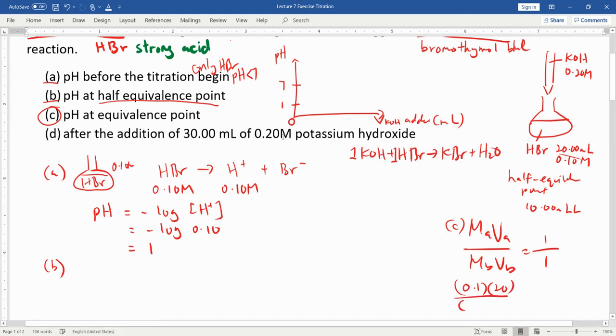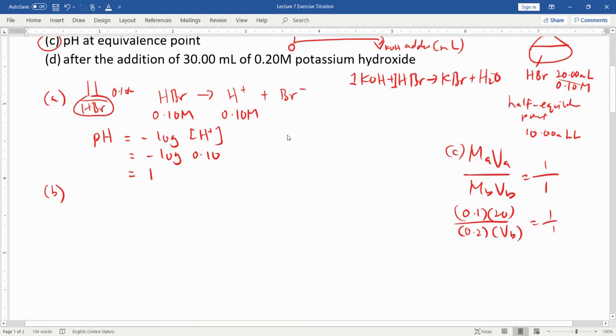For the base, it is 0.2. So what is the volume of base? We are going to get the volume of base equal to 10 ml.